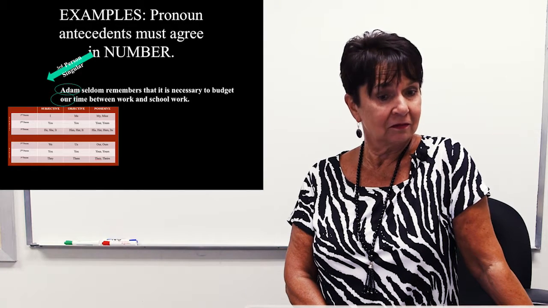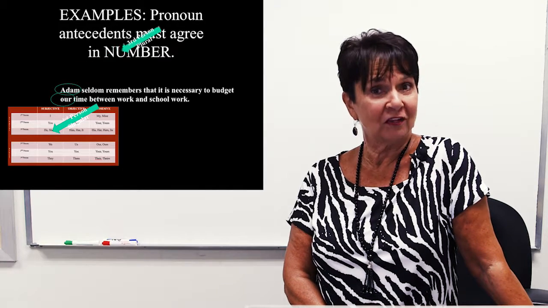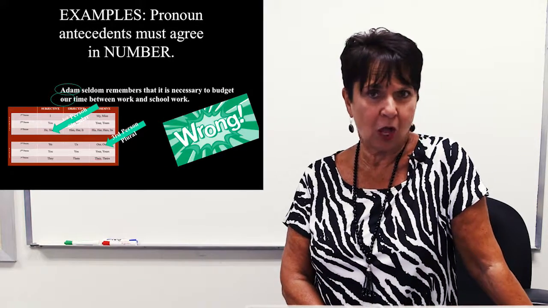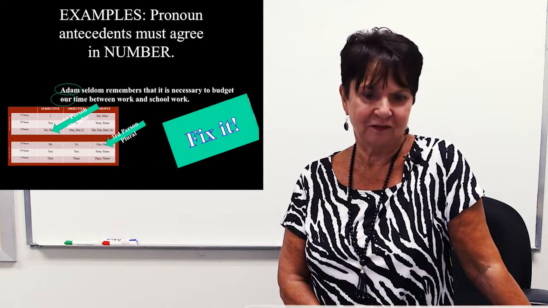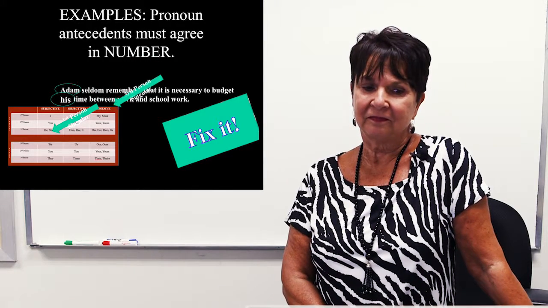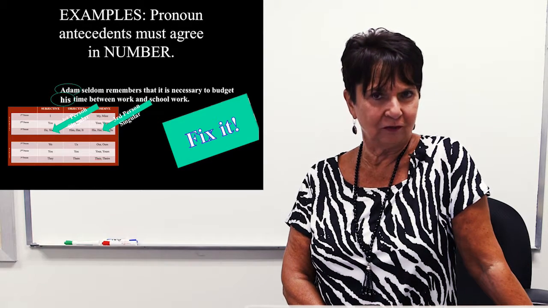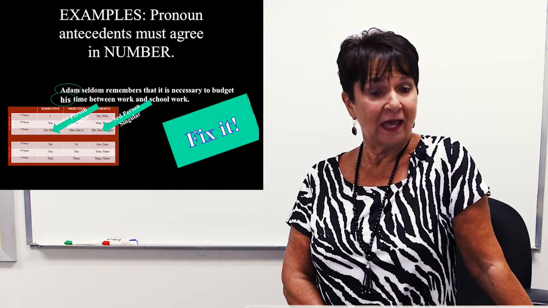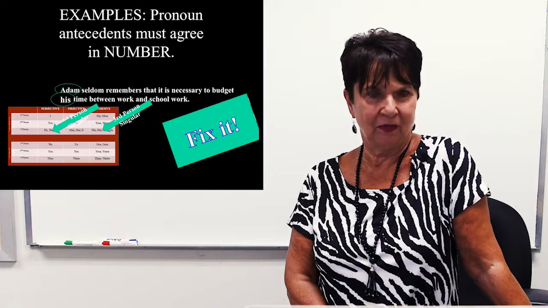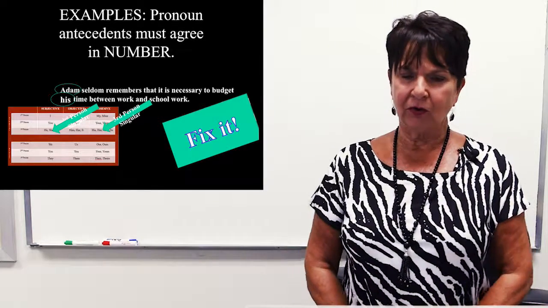Our is third person possessive, but it's plural. Wrong. How do you fix it? You're absolutely correct. You make it third person singular. So, Adam seldom remembers that it is necessary to budget his time between work and schoolwork. And you are in alignment.